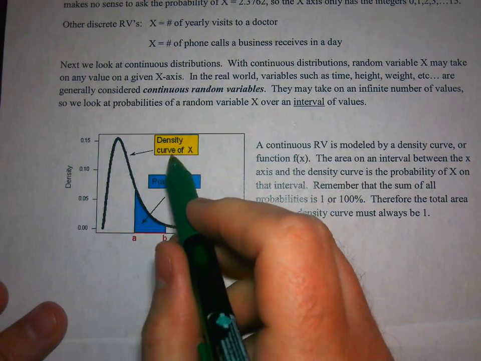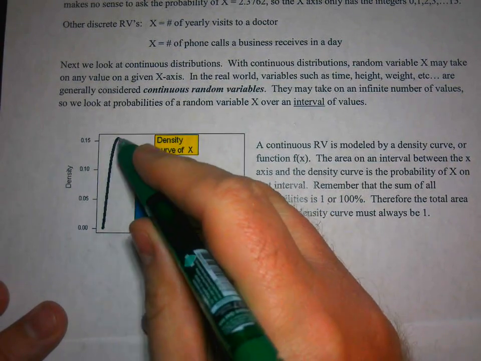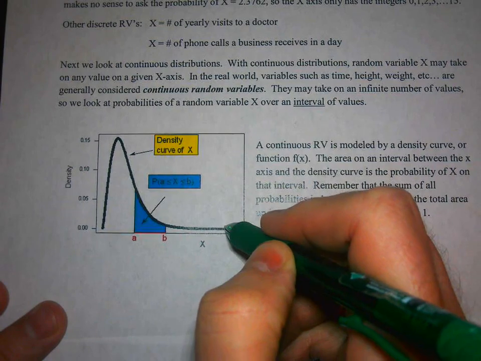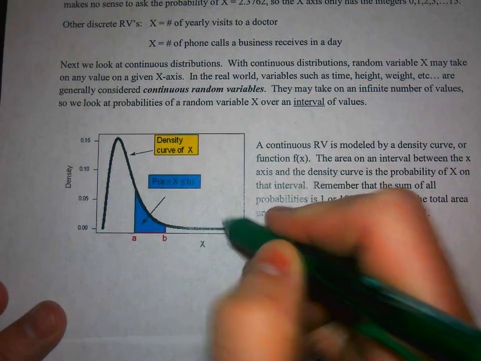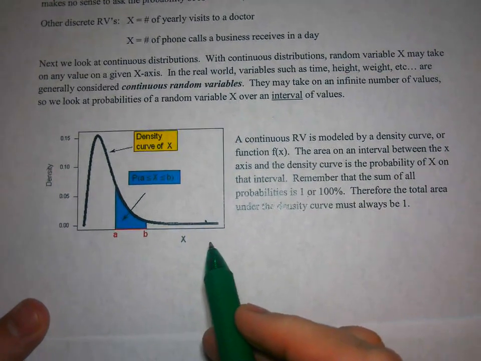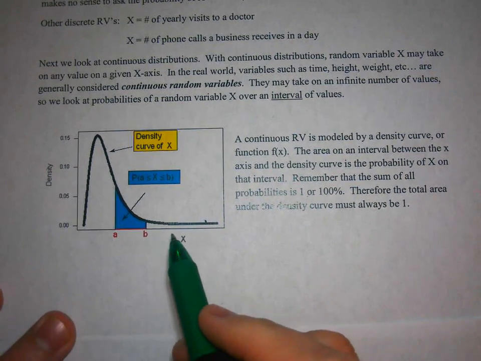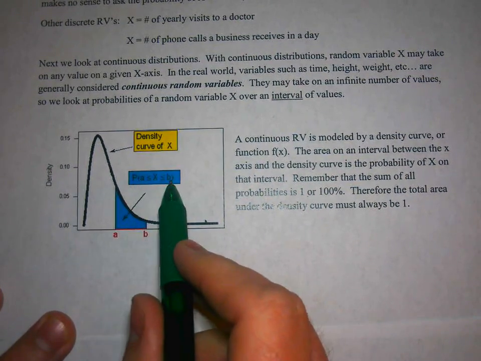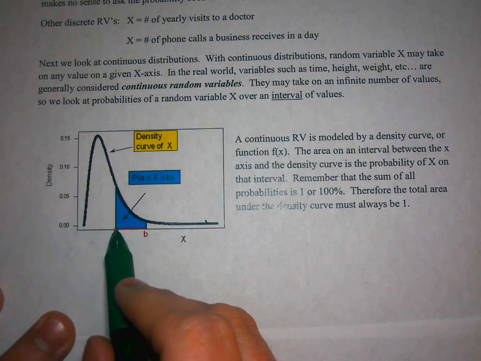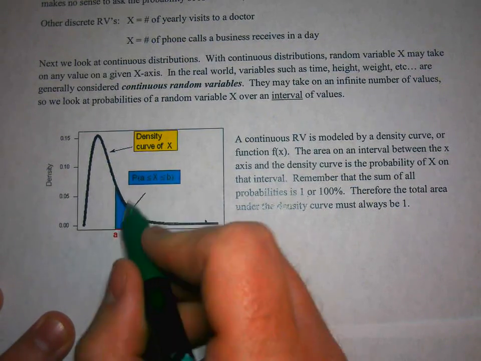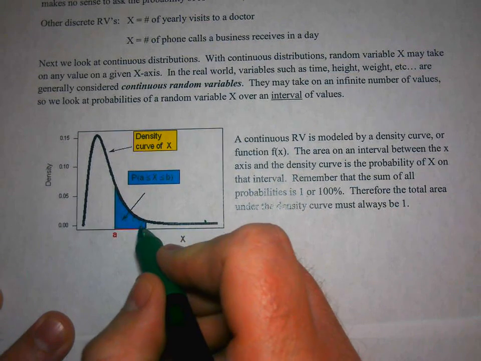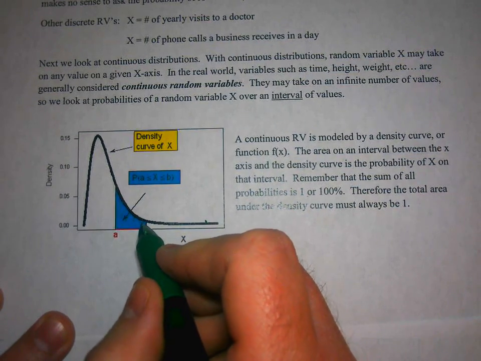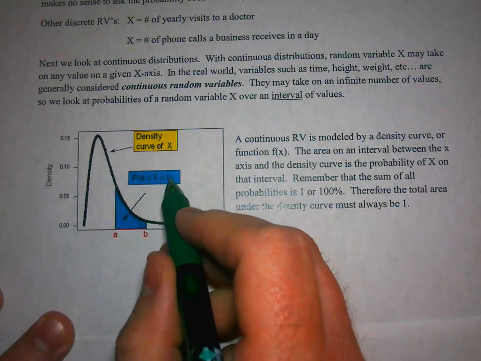Rather than using bars, we just have this nice continuous curve representing our probabilities. The probability of an event happening is the probability on some interval. So we start at A and end at B. The area here, the blue area, is the probability that x is between those two numbers.